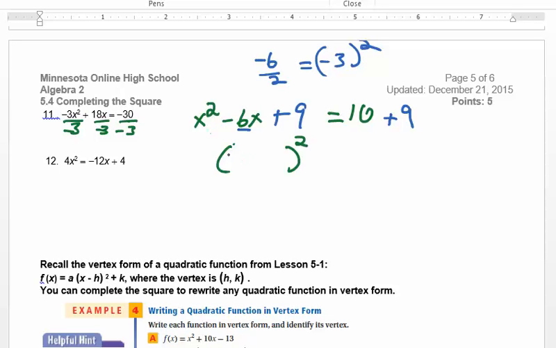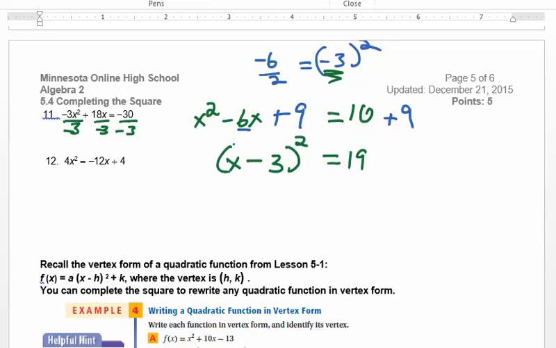Because now it is set up to be the sum of two squares here. So we'd have x minus 3, and remember this is the hint, that's what goes in there, squared, x minus 3 parentheses squared is equal to 19. And then you take the square root of both sides, and then you'll add the 3 to both sides, and you'll get an answer like 3 plus or minus the square root of something. All right, so I hope that helps.